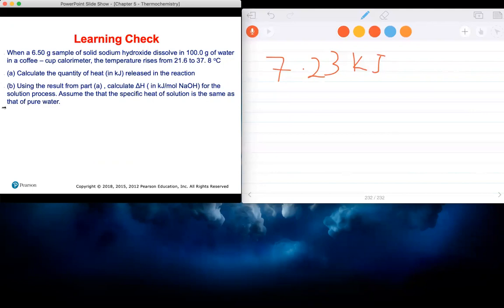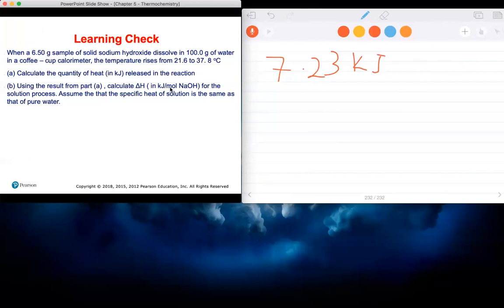Now, let's see, part B: using the result from part A, calculate the enthalpy change in kilojoules per mole for the solution process. The solution process is dissolving sodium hydroxide. How many moles did we dissolve?